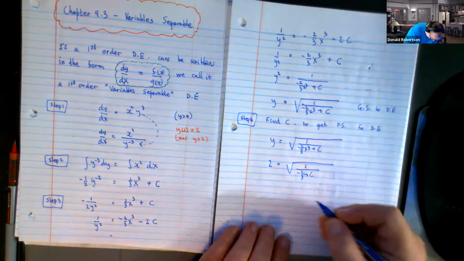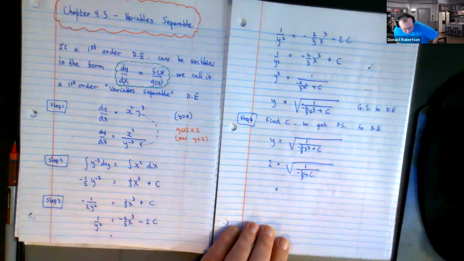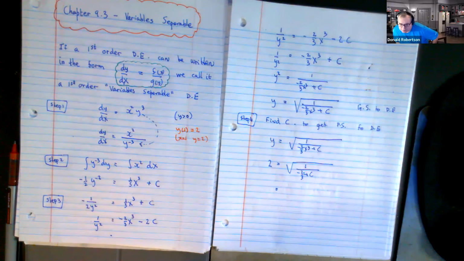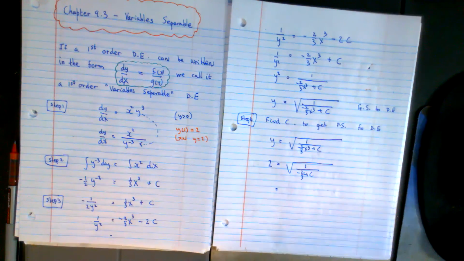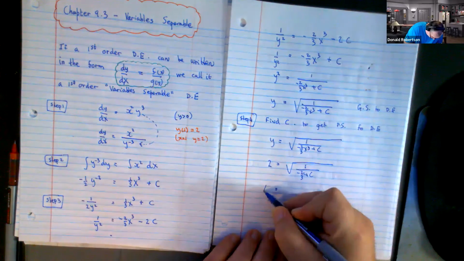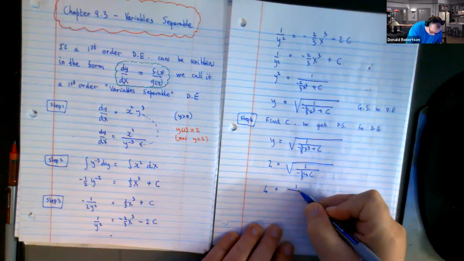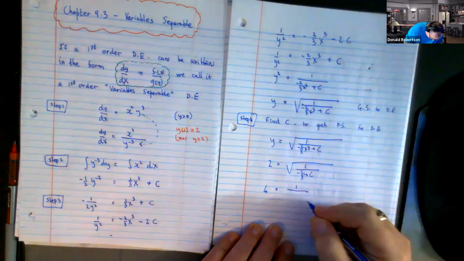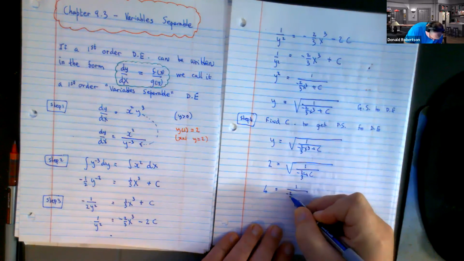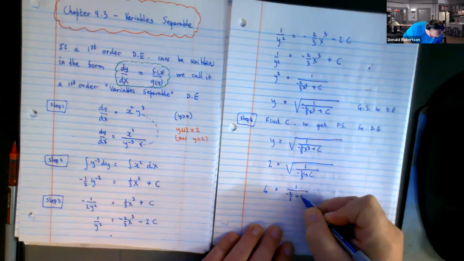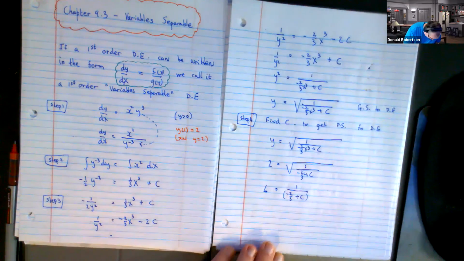Okay, so again, it's pure algebra. Tell me what to do to both sides. It's going to eventually help me to get c. Square it. Okay, as long as you do it to both sides, it's okay. It's kind of undoing what we did here. Okay, so far so good.